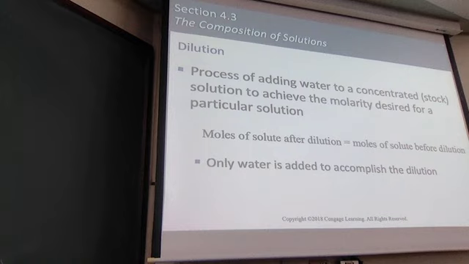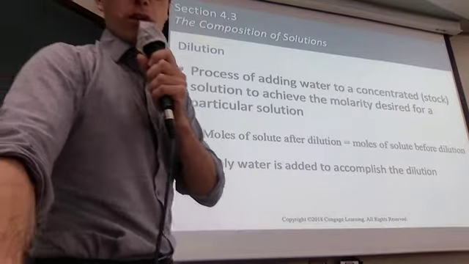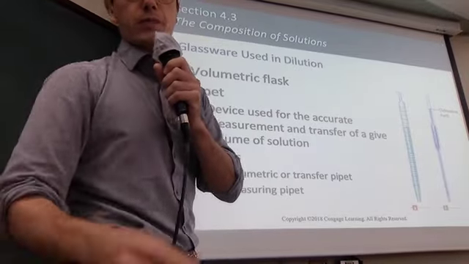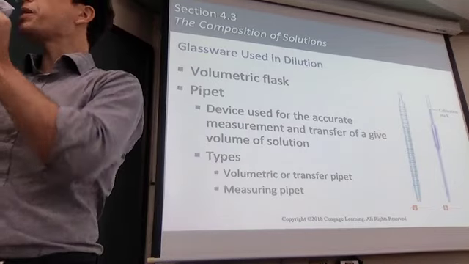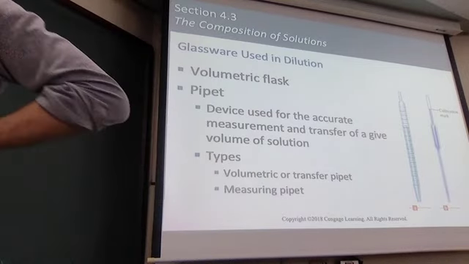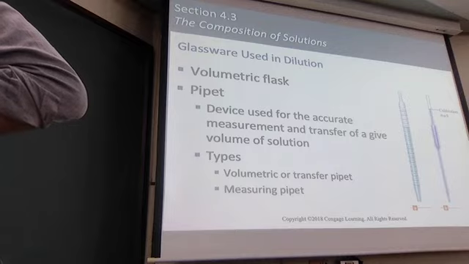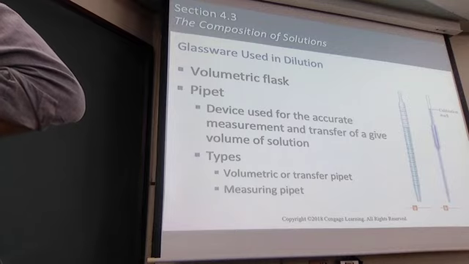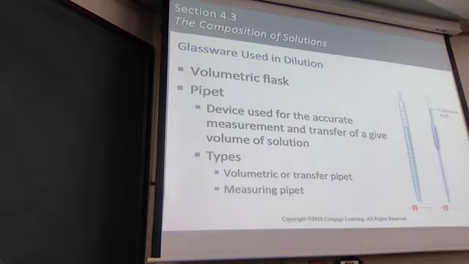So you can solve this for the volume, and you know how much volume you need to prepare. So this is usually the way that you can do this. Typically, you can also use a pipette, which you can use for accurate measurement or transfer of a given volume of solution.